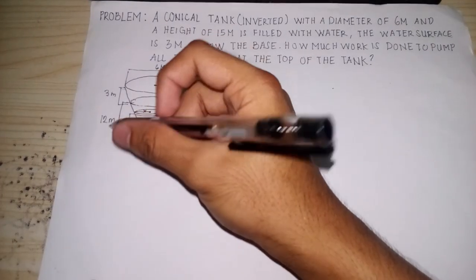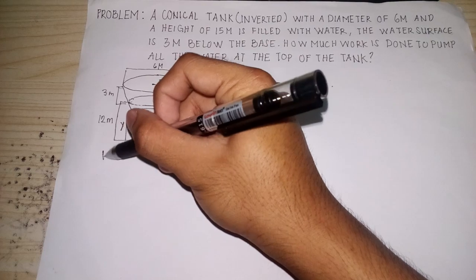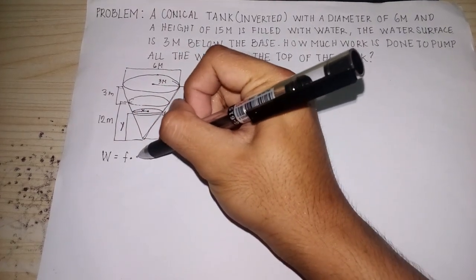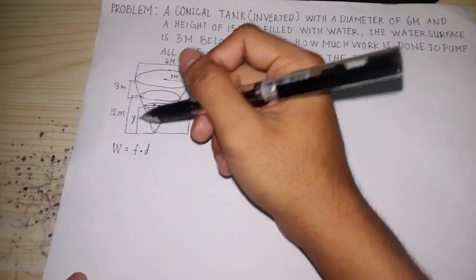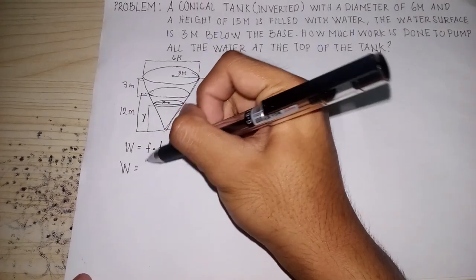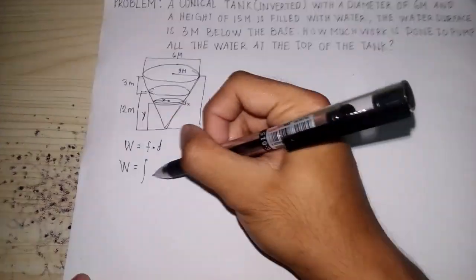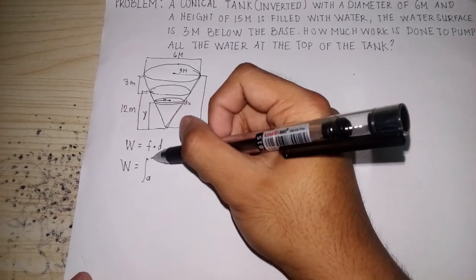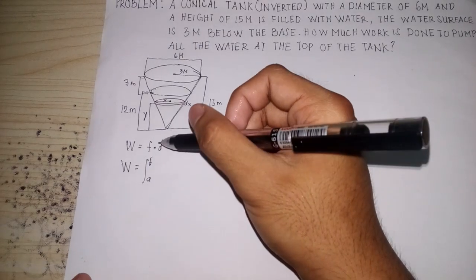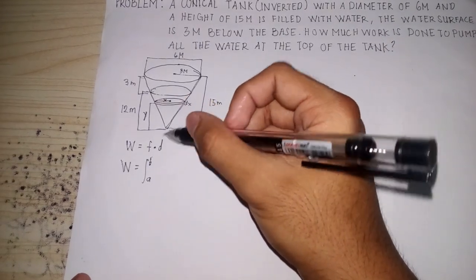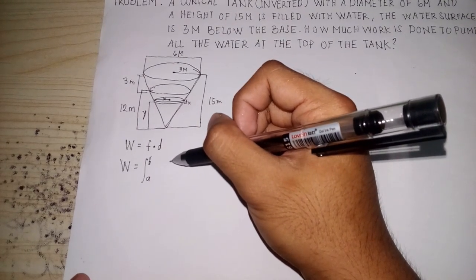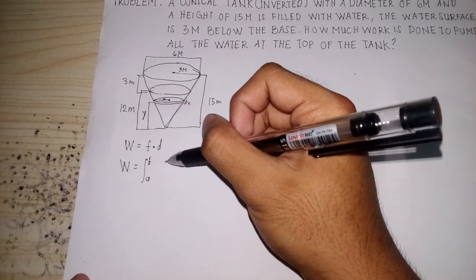Now the formula for work, if you remember well, is work equals force times distance. But here in integral calculus, of course we need an integral sign, from a to b, force times distance. Force is mass times gravity, right? Mass is also equivalent to density times volume.